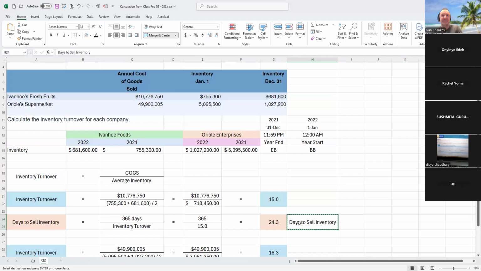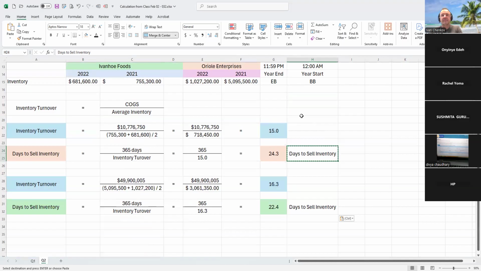Professor, I have one question. As per this, we calculated this, but the days to sell inventory in the company supermarket is lower, but we are focusing on the fresh fruit.